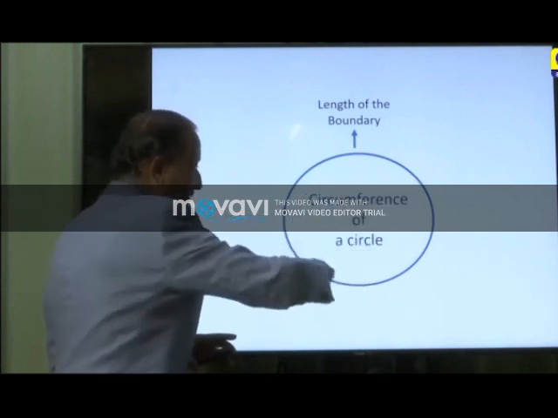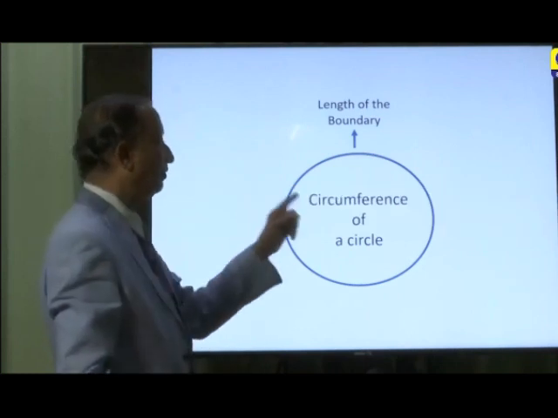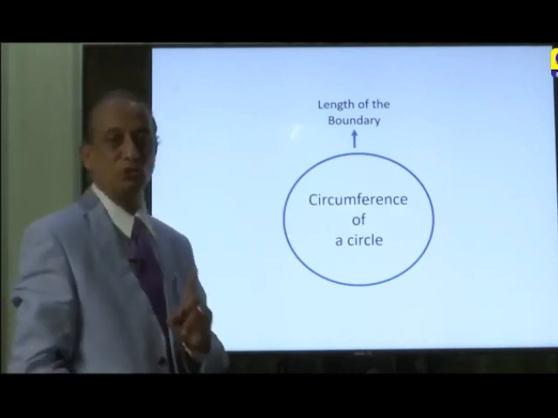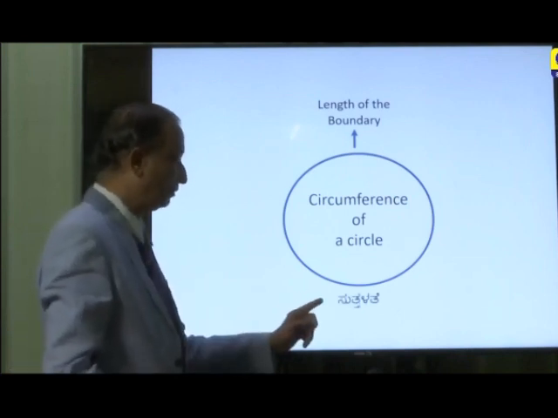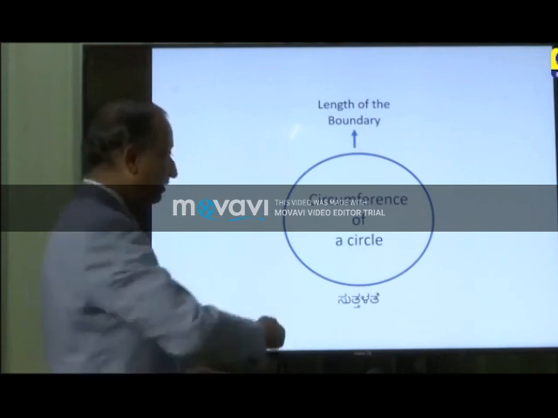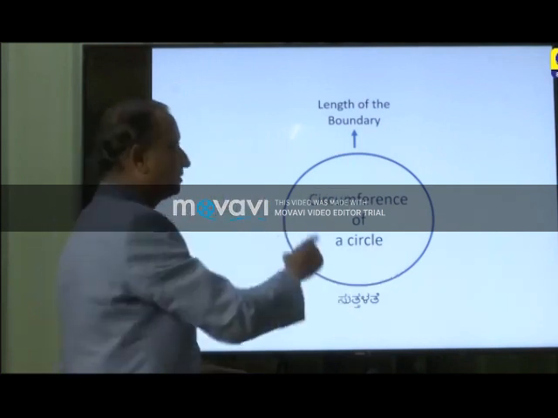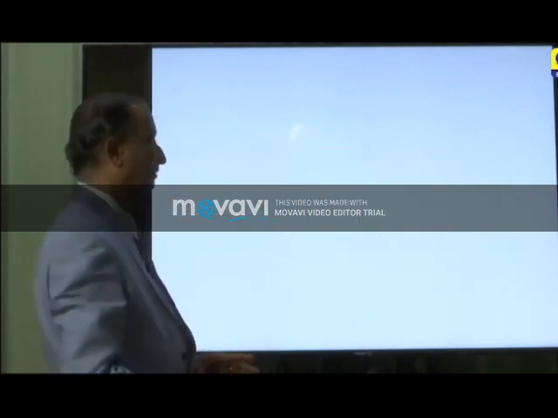What is the length of this boundary? For that concept we use the term circumference. In Kannada we call it suttadate. The length of this closed curve is called the circumference of a circle.